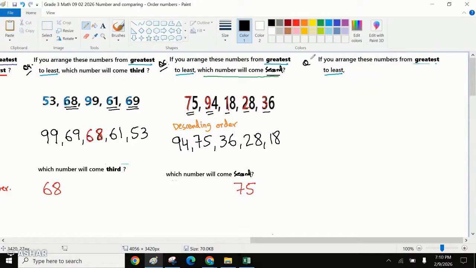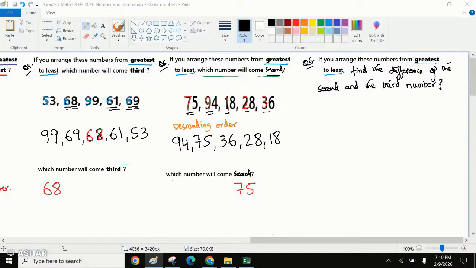If I would make it very difficult, I would say find the difference of the second and the third number. Okay, so what we are trying to see is not only they can ask us to arrange the numbers in ascending or descending order, they can also ask us to find the difference between the numbers.